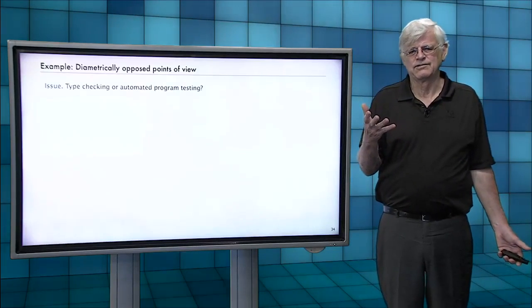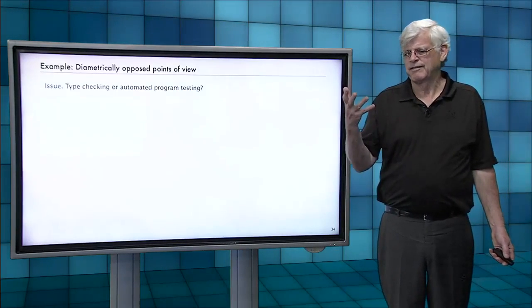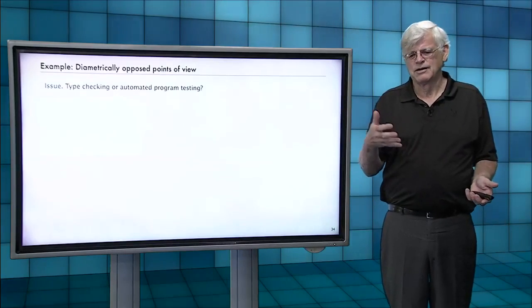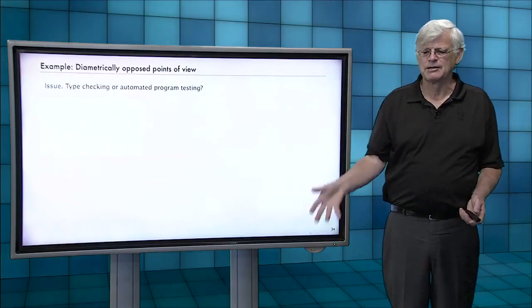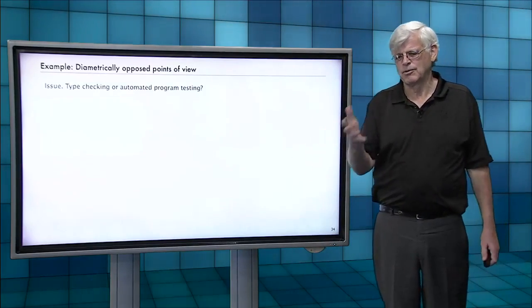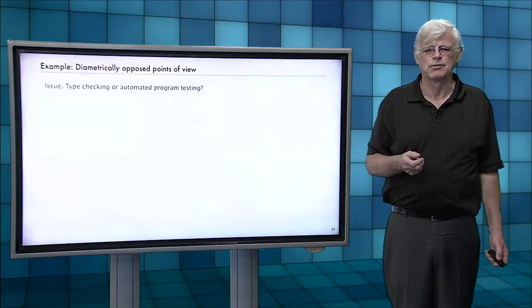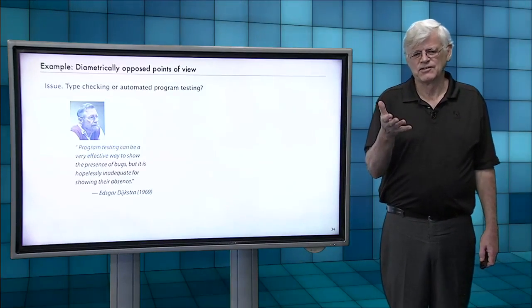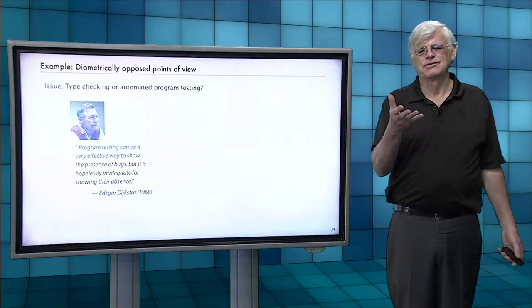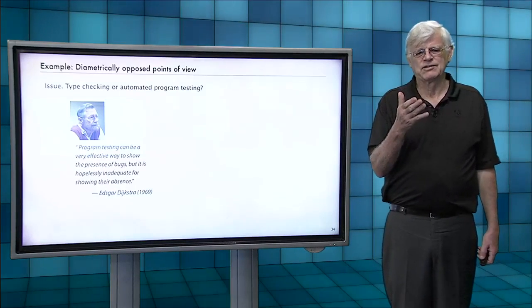One idea is that, well, type checking is one way to look for errors. But another thing that we can do, we have computers. We can test our programs by writing a program to produce a lot of inputs and check our programs against the inputs that we produce. We automate program testing. Even in the 60s, Dijkstra, who's a character that we've seen before, said this about program testing.